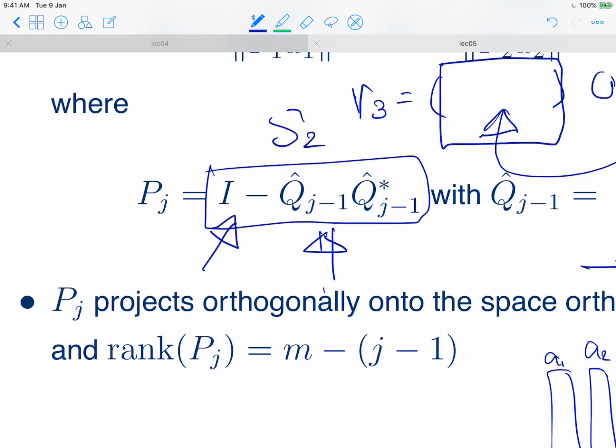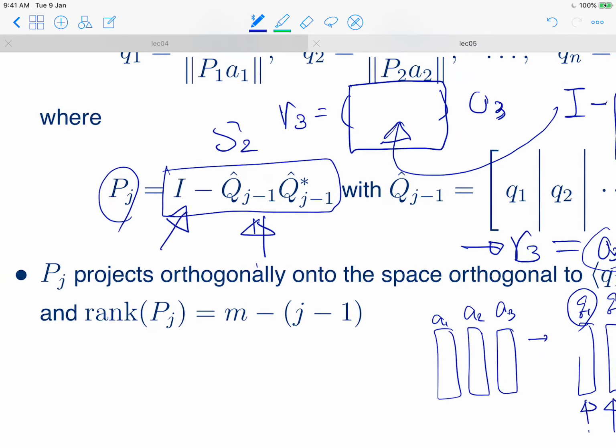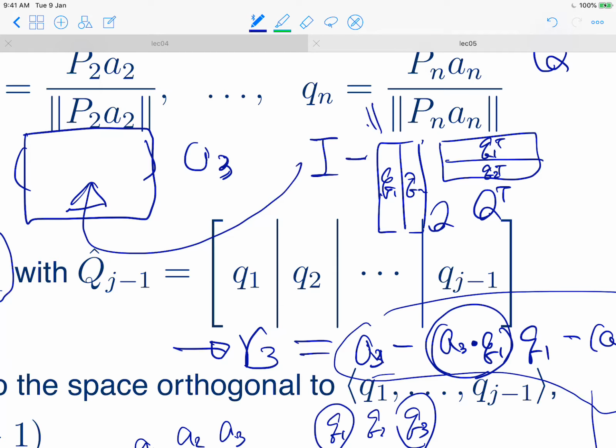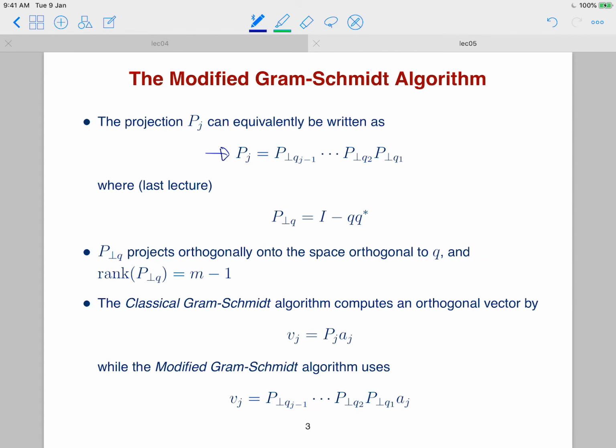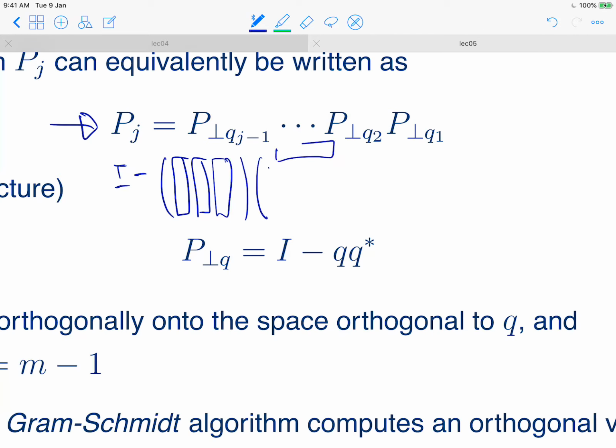And then in the next step of the Gram-Schmidt process, the next matrix P, the complementary projector, will have the two columns in the place of Q, right? Okay, then let's suppose we have 3 orthonormal columns.